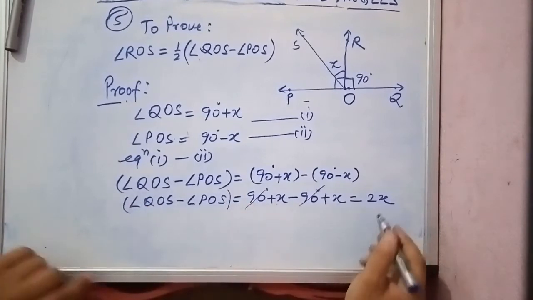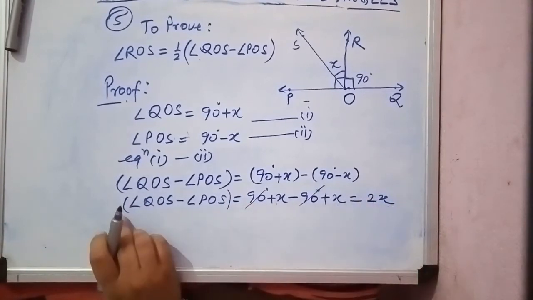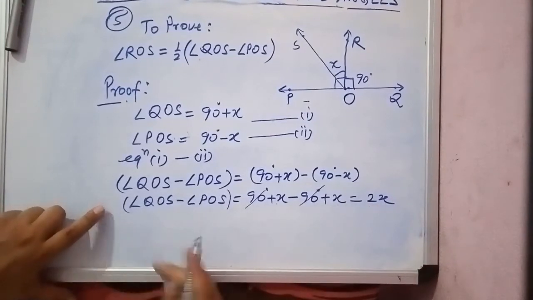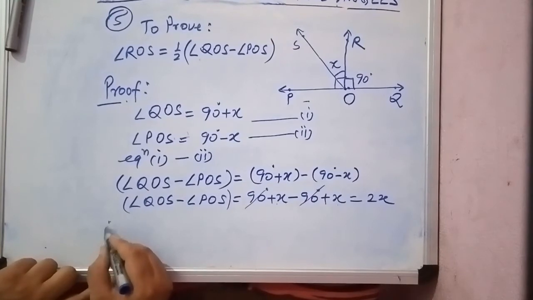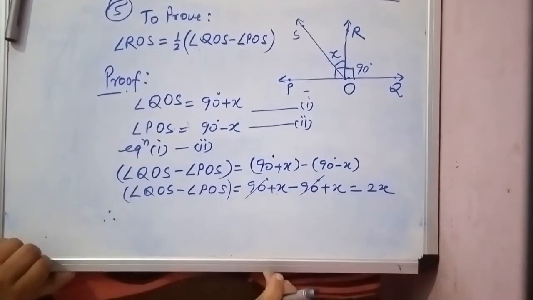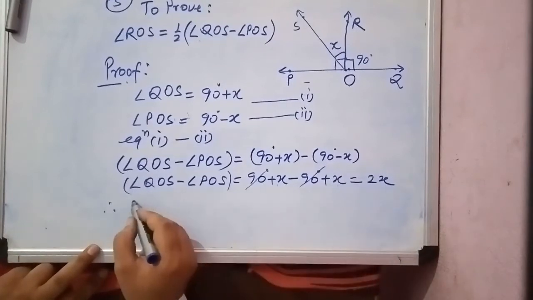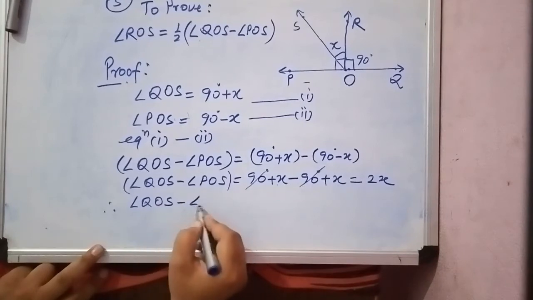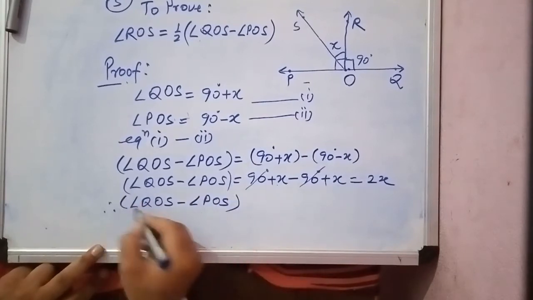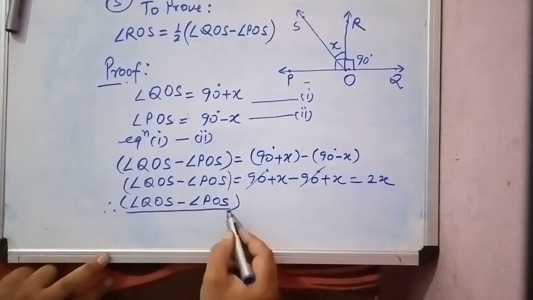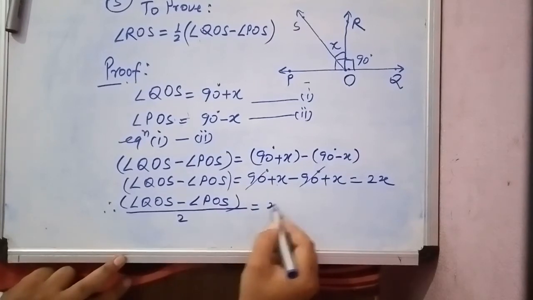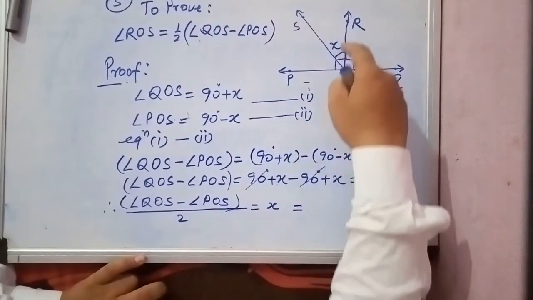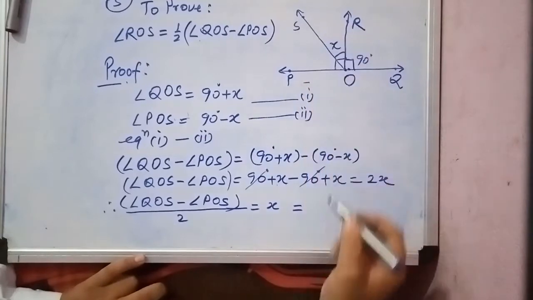Dividing both sides by 2, QOS minus POS divided by 2 equals X, and X is the angle ROS.